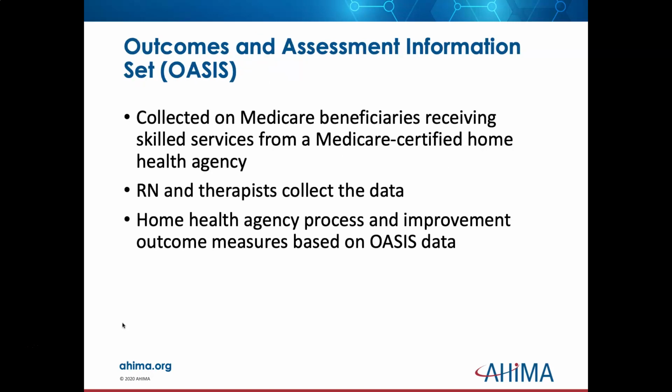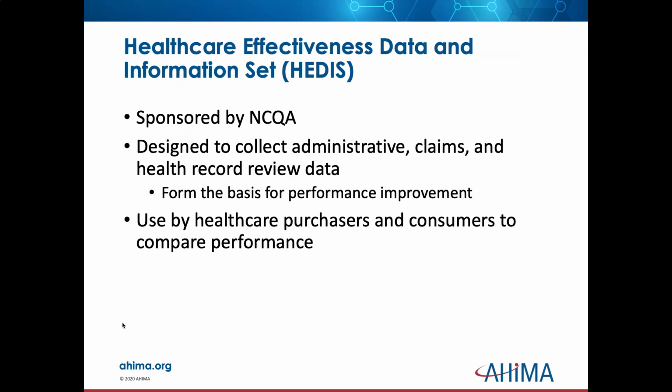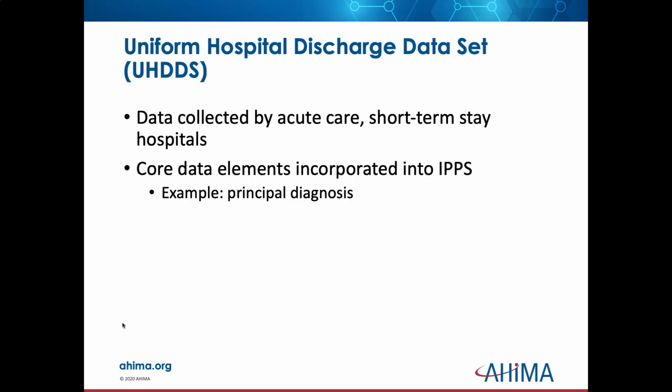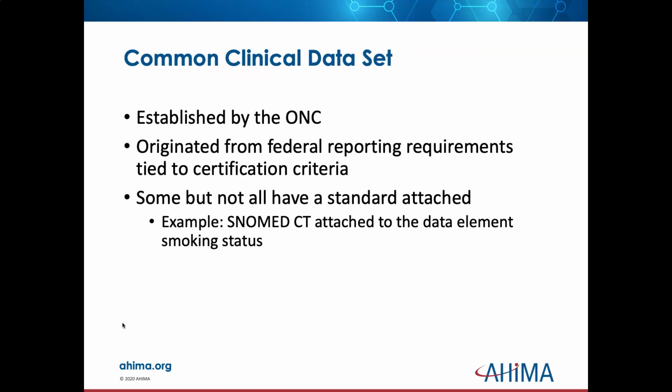So OASIS is home health related, and it is used for billing and process and outcome measure improvement. Then you've got HEDIS. These are by NCQA, and we will spend lots of time on HEDIS in the future. You just need to know what it is and what it does. Again, same with UHDDS and the Common Clinical Data Set.